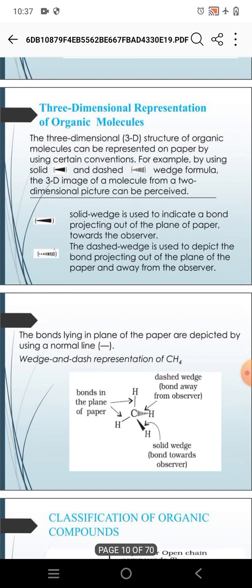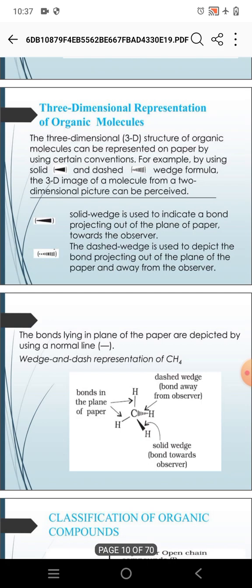Next, three-dimensional representation of organic molecules. The three-dimensional, 3D structures of organic molecules can be represented on paper by using certain conventions. For example, by using solid and dashed wedge formulas, the 3D image of a molecule can be perceived from a two-dimensional picture.